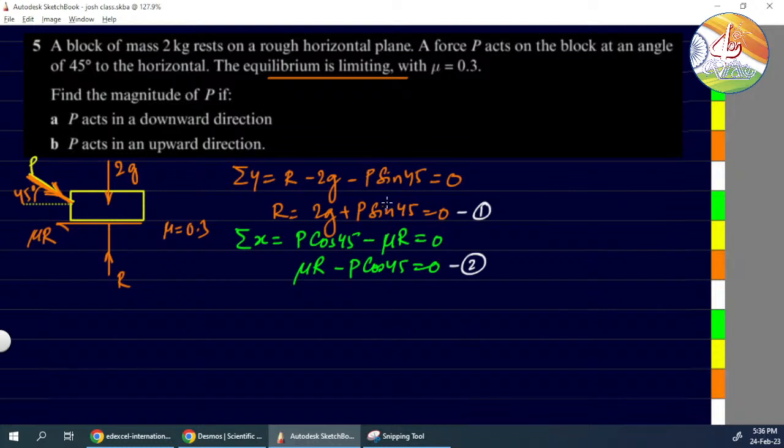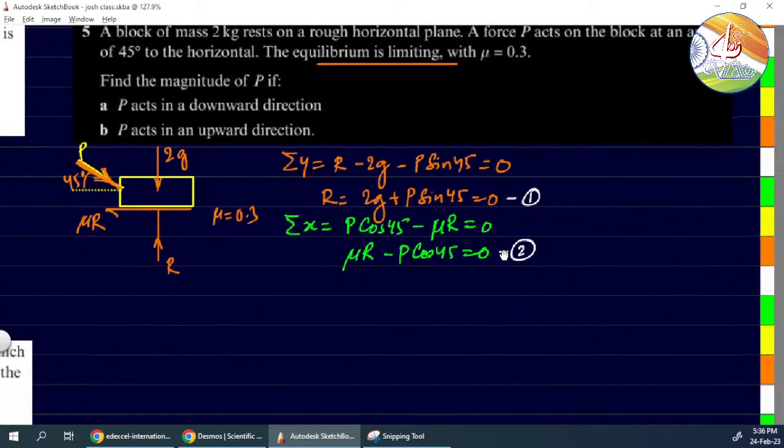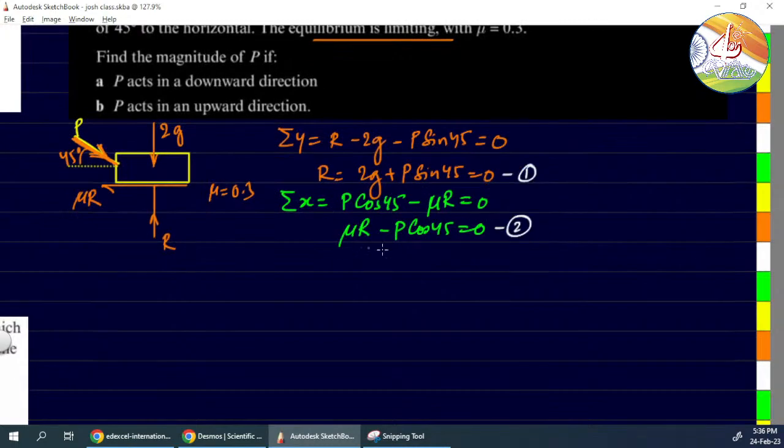So these two equations we need to solve. Let us substitute the R value here. Mu is 0.3 times R, which is 2g plus P sin 45, minus this term, taking it to the other side, we get P cos 45.